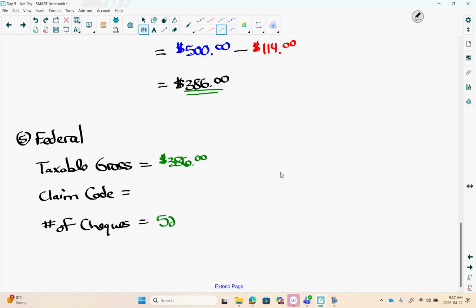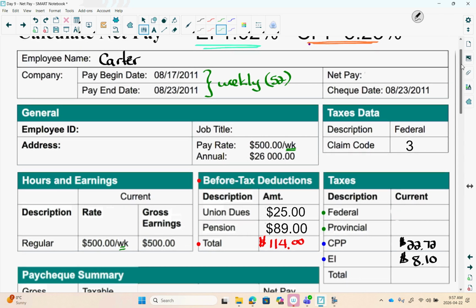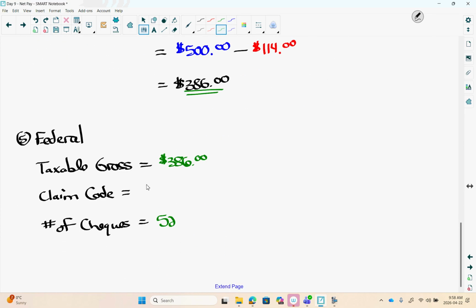Fair? What's the claim code? If I look back up here at this pay stub, there's the claim code right there. It's claim code 3. That is something that is determined between the employer and the employee. Now, to figure out how much they're going to take in federal tax, I have to go to my PDF files.